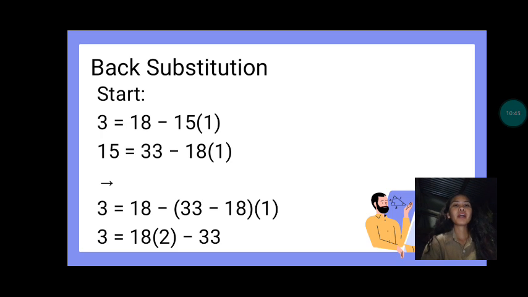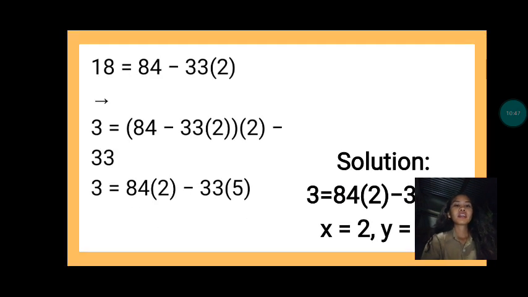And from step 1, we have 18 is equal to 84 minus 33 times 2. And then we will substitute again.